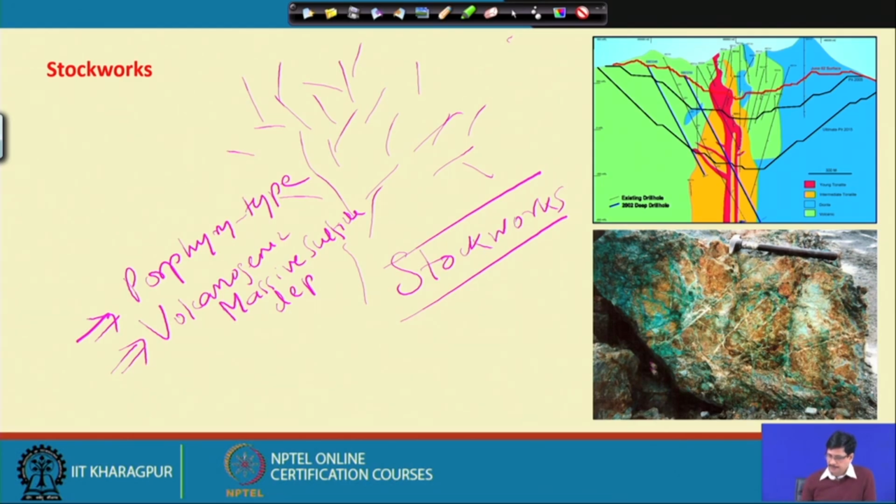This is a picture taken from one sample where the scale could be observed, and what I have drawn here in this sketch represents a stockwork, which is just a dense network of fractures generated in a rock because of fluid pressure.